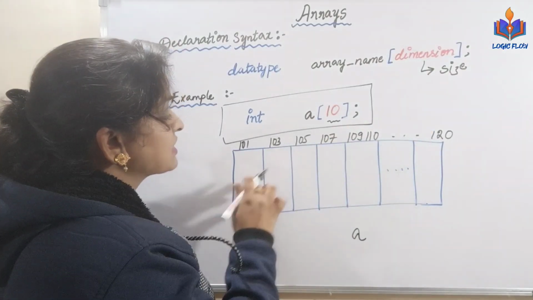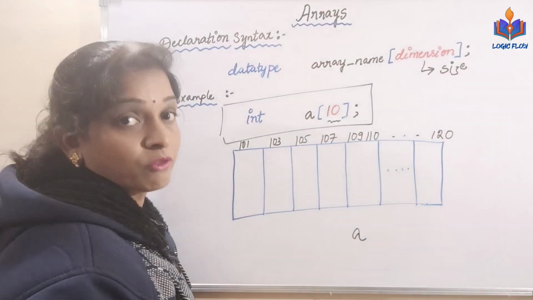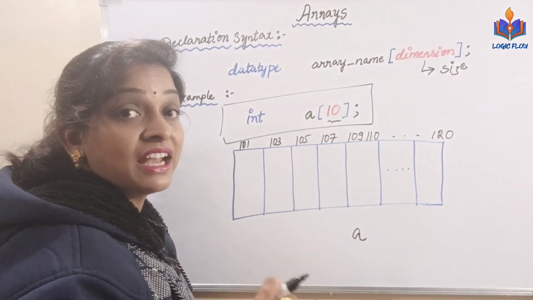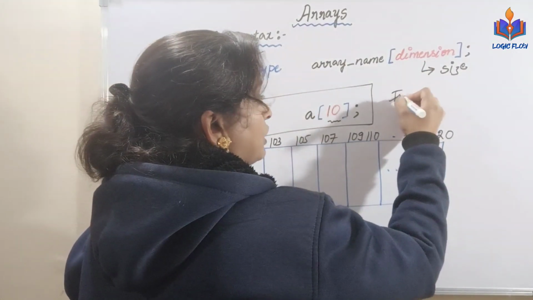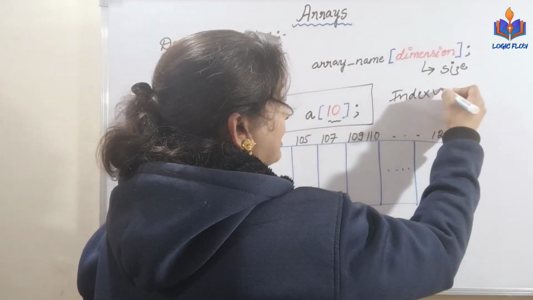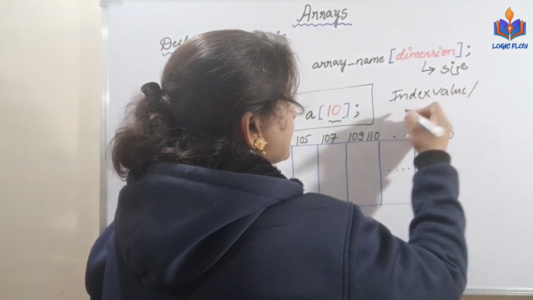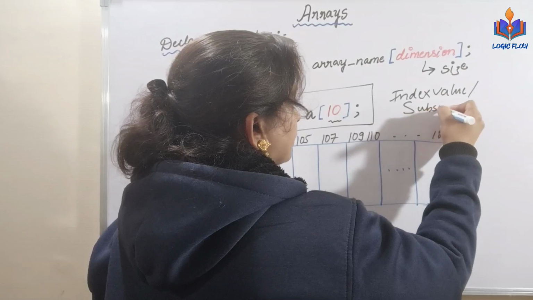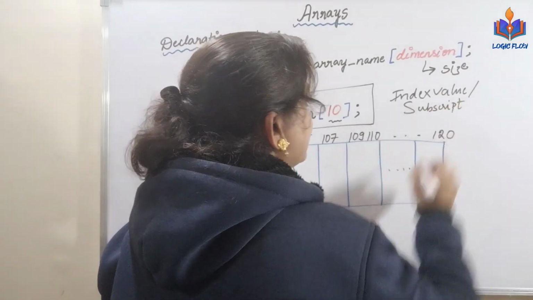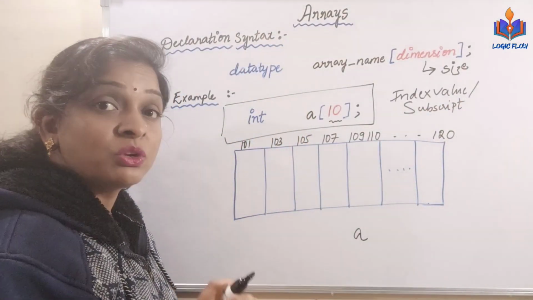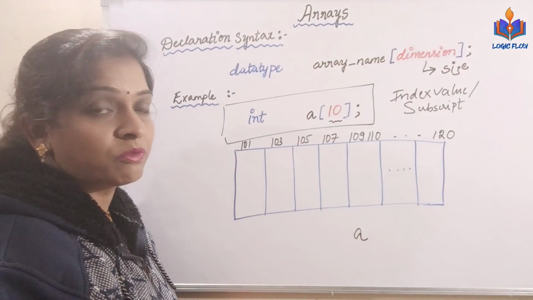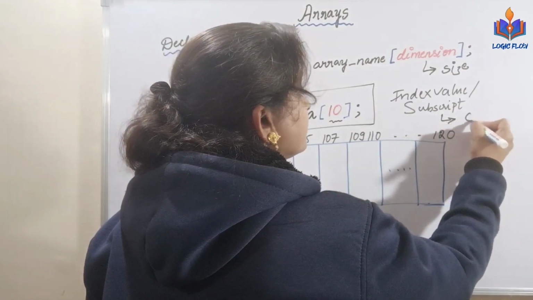Now I have this common name and I have the address also. But how do we access individual elements? For that, we use the index value, which we also call the subscript. Every element is identified with its unique index value or subscript value, which always starts from 0.